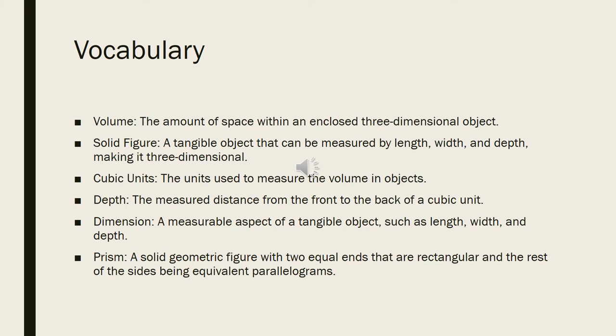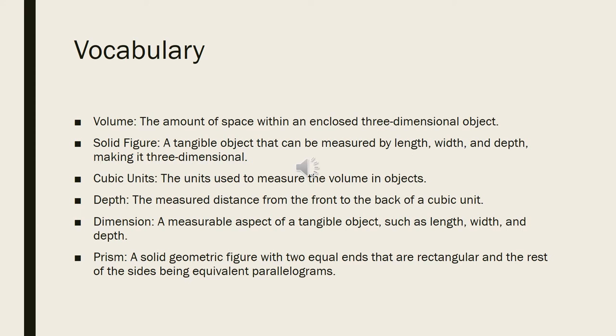Cubic units are the units used to measure the volume of objects. We're also going to show you a cubic unit in a little bit, but they're essentially just tinier cubes that show how the dimensions work. The definition of depth is the measured distance from the front to the back of a cubic unit or of a continuous solid figure.